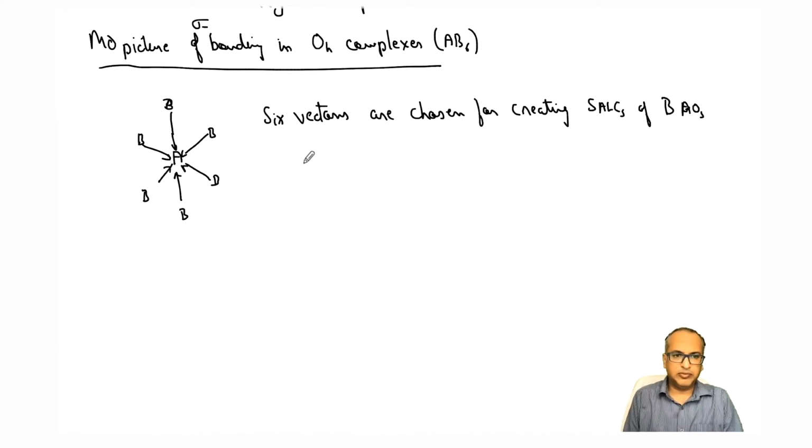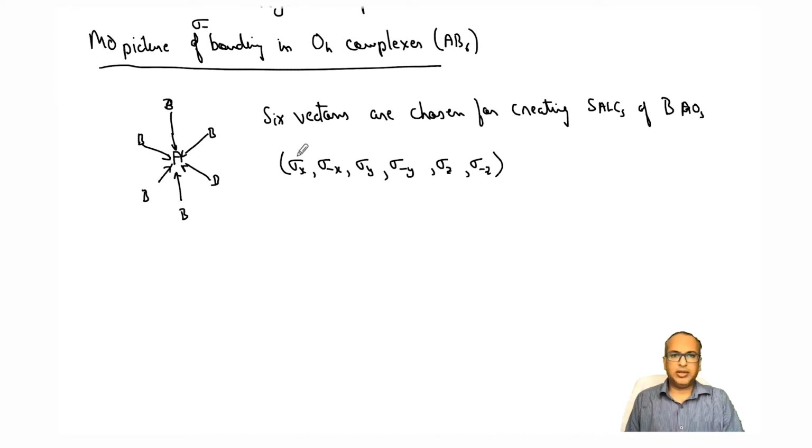So these will be called the bases: sigma x, sigma minus x, sigma y, sigma minus y, sigma z, sigma minus z, right?